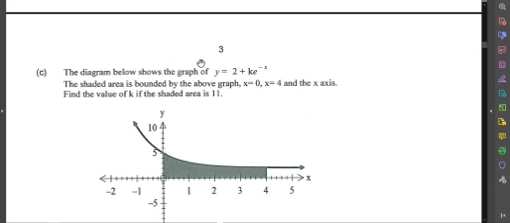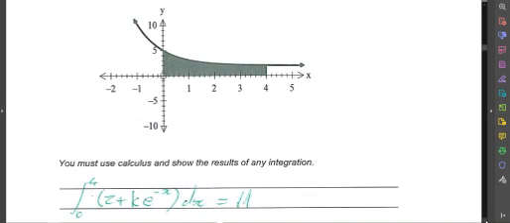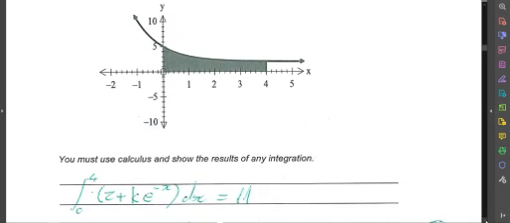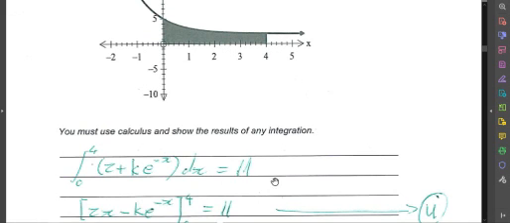I've got the integral between what? 0 and 4 of 2 plus k e to the power of minus x, yeah, integral between 0 and 4 dx. So like I said, I know that that area is equal to 11. If I integrate that, I've got integral of 2 is 2x.